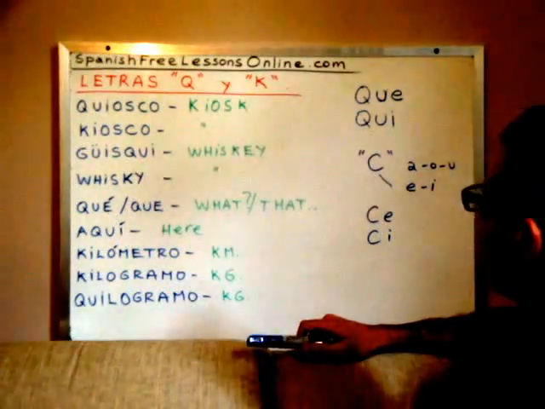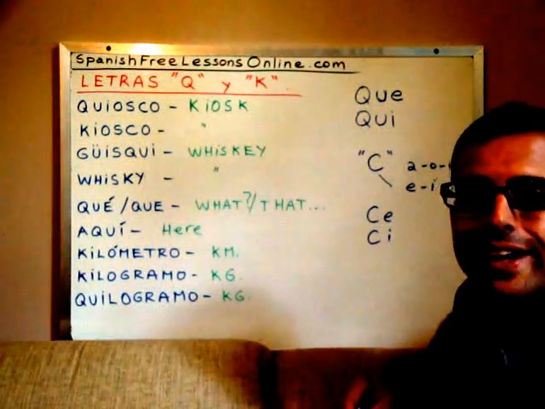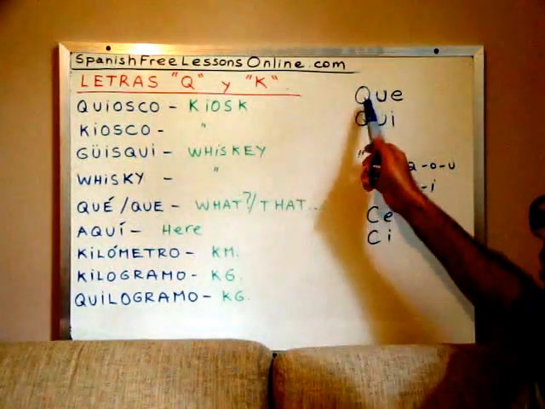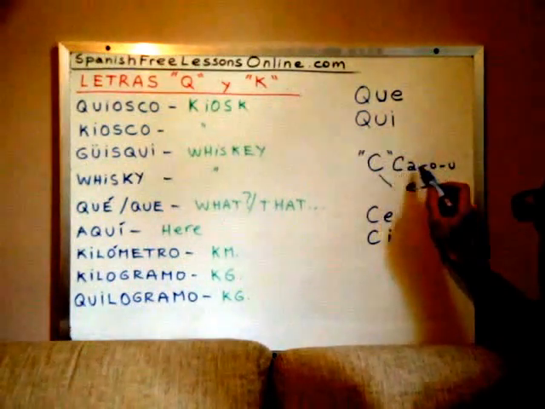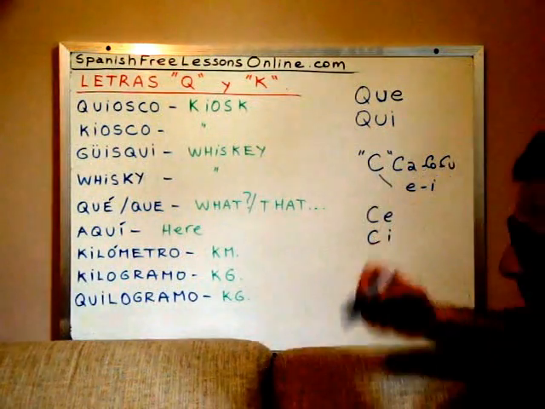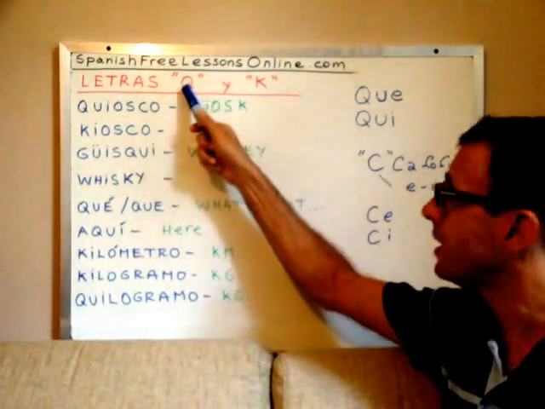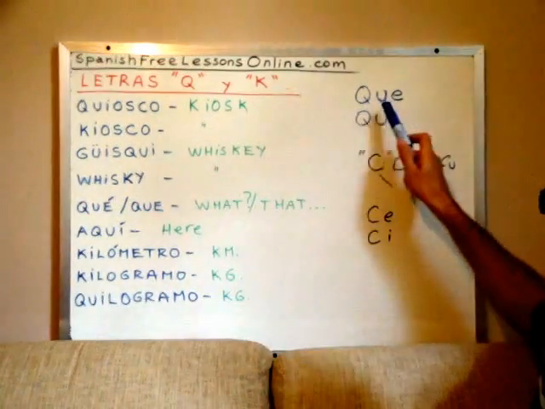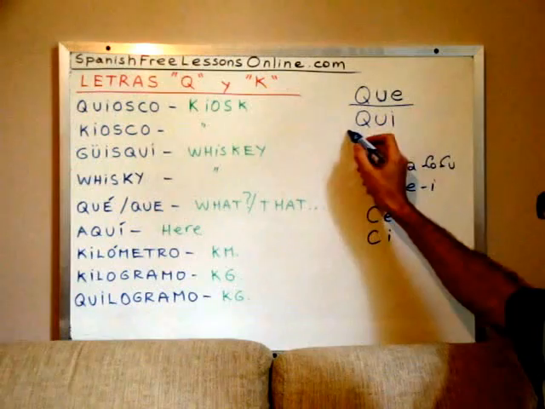Okay? So only for those, because for ka, ko, and ku, we don't need Q because we have the C, right? Ka, ko, ku. So letter Q is needed in Spanish exclusively for these two sounds, que and ki.